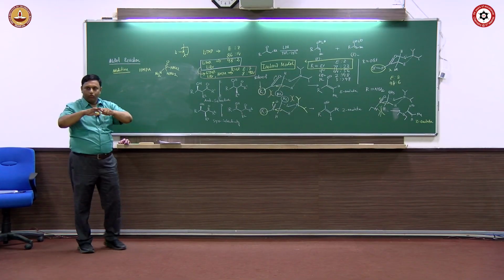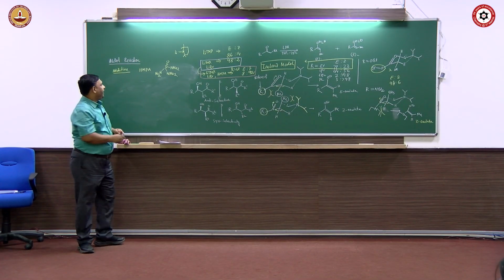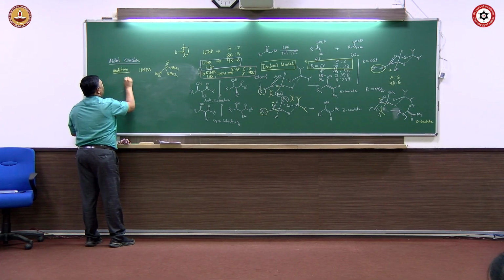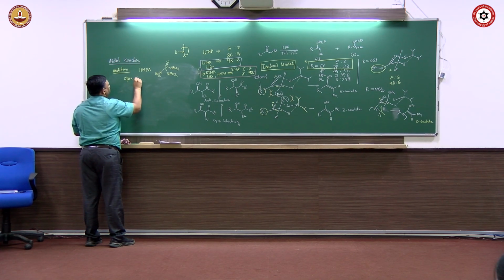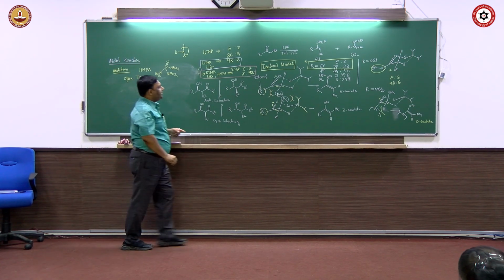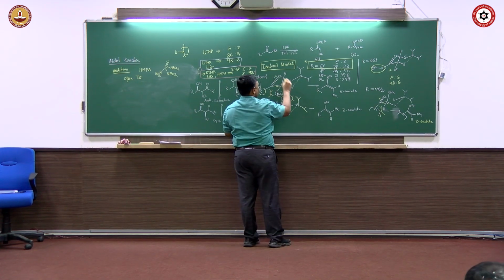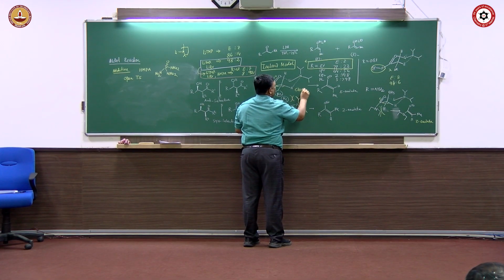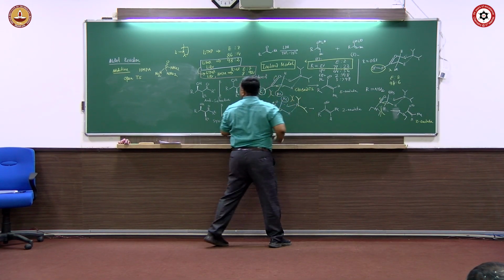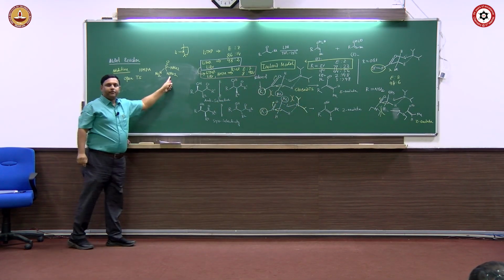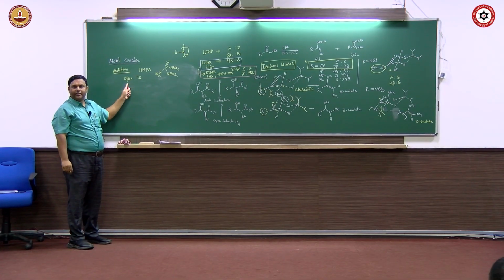That means there is no closed transition state and the reaction will proceed through the open transition state. So if I say this is a closed transition state, the HMPA additive is actually making the open transition state.